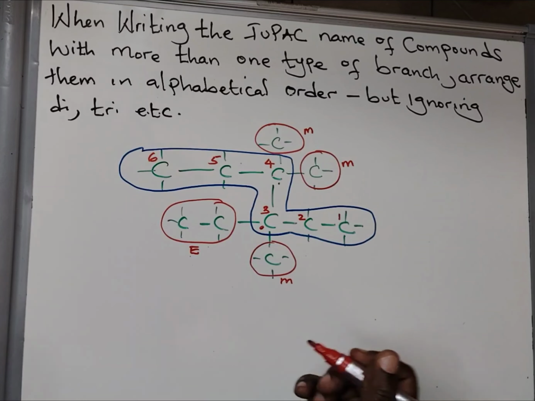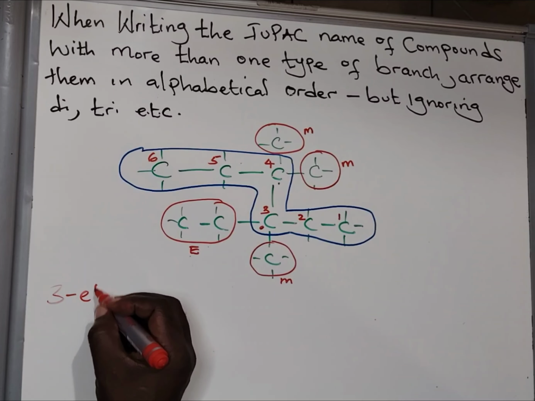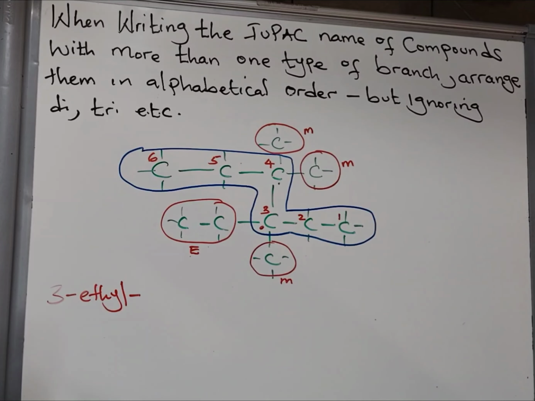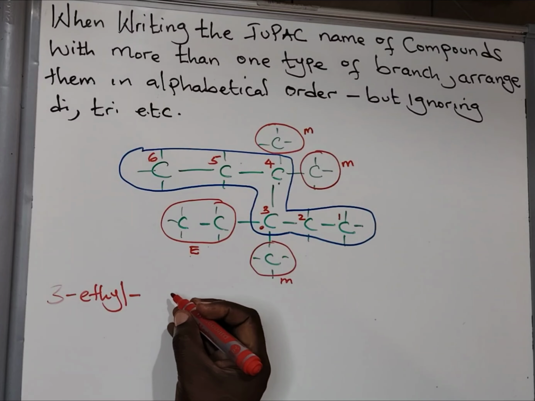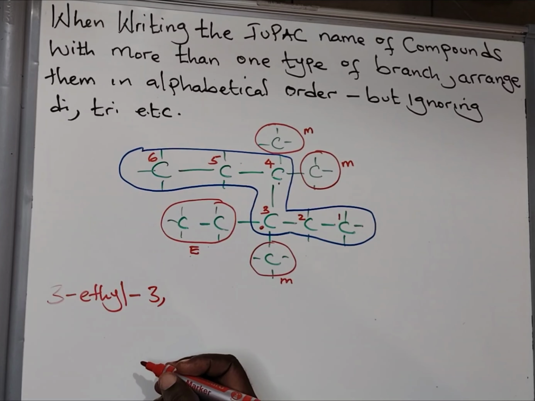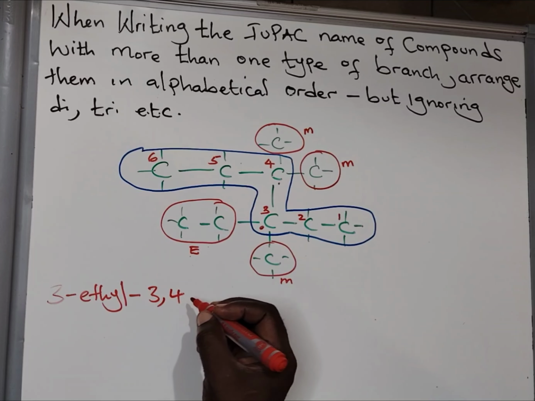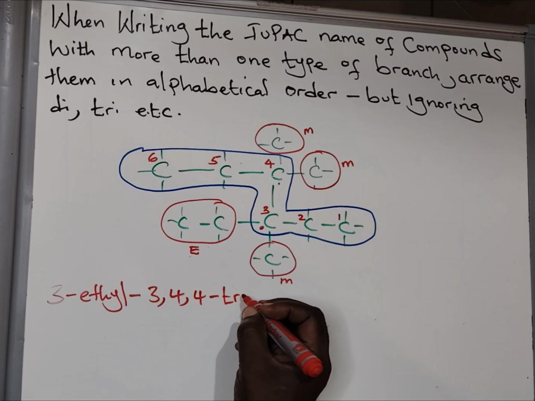It is going to be 3-ethyl. Okay. Then we come to our methyls. There's 1, 2, 3. So it's going to be 3, 4, 4-trimethyl.